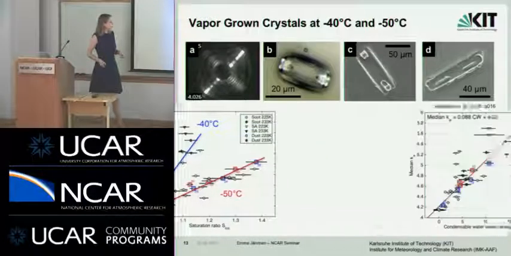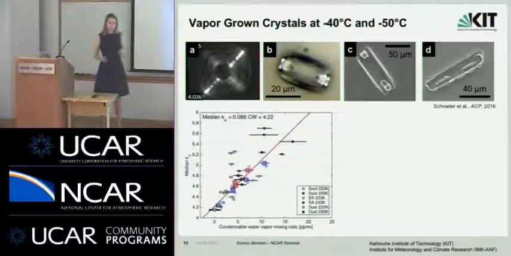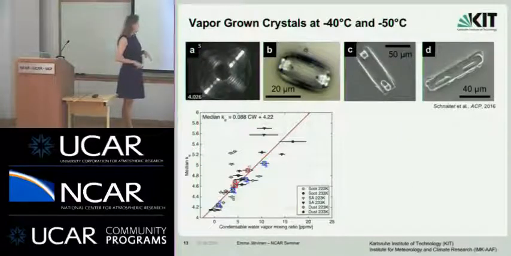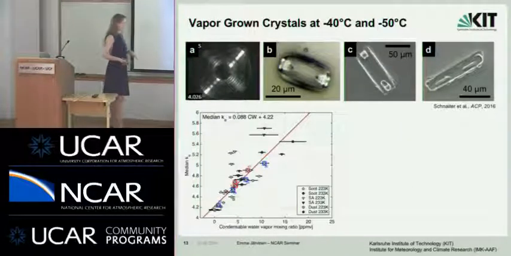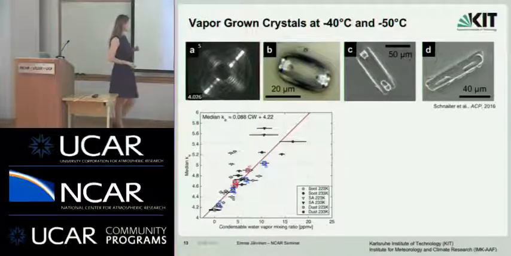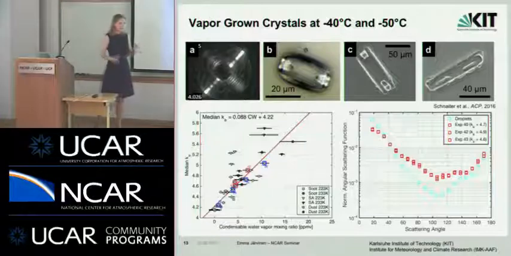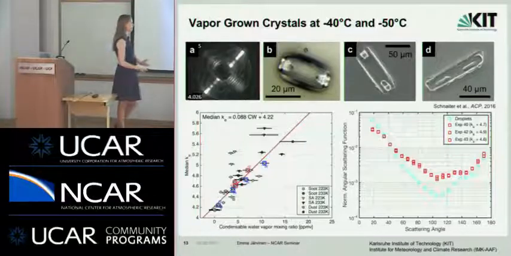Okay, so now the question is, what does this mean for the light scattering properties of these ice crystals? So what I did, I also measured the angular light scattering properties. For each experiment, we didn't have the instrument available, but for these 3 experiments with different complexity values, we had a polar nephelometer, where we measured the angular light scattering within the whole cloud inside the chamber.